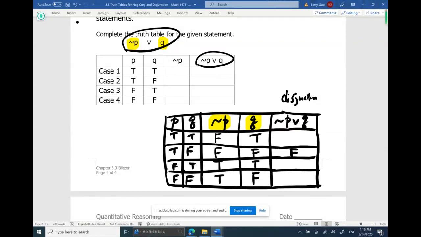So among the 4 cases, 1, 2, 3, 4, only in the second case are both of the two components false. So that makes my disjunction false. And in all other 3 cases, the disjunction is true. So that is the truth table that I made for this target compound statement.